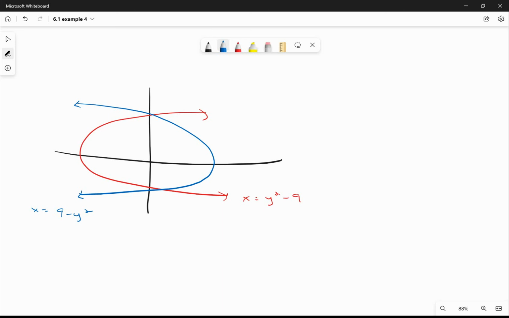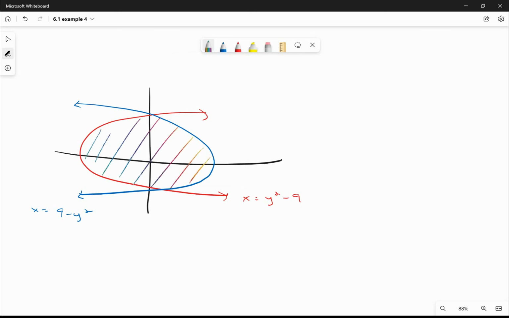So you see that clearly these two curves are more like right and left curves for this region here. Our region is this region here.